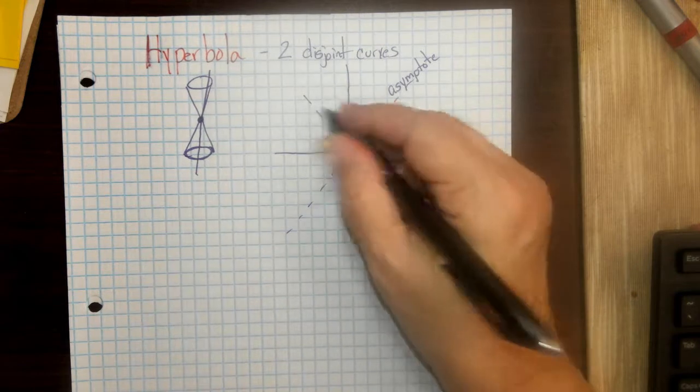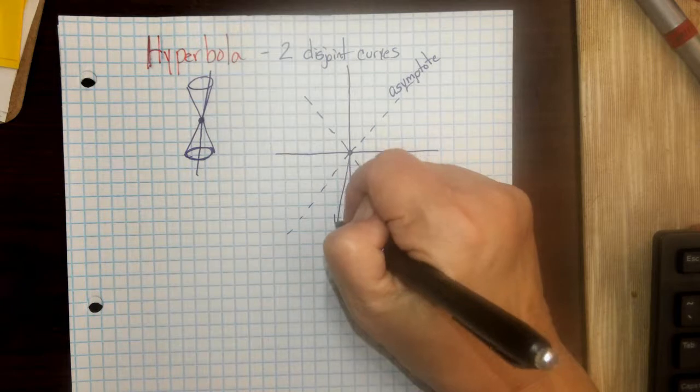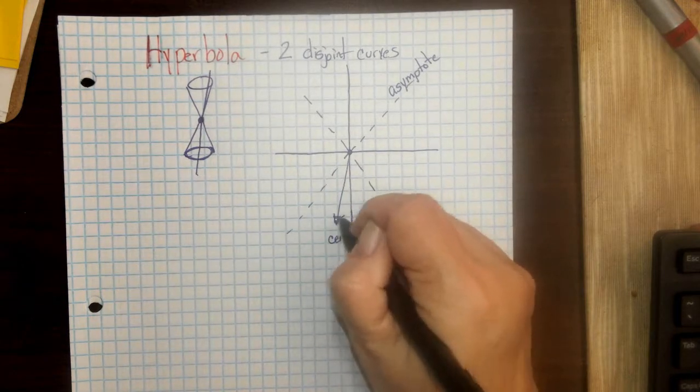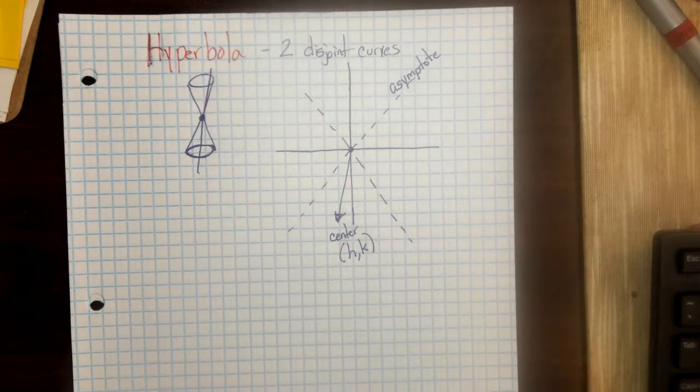Where these asymptotes intersect here, this is the center of your hyperbola. And the center is (h, k), exactly like the ellipse. So, that's nice.